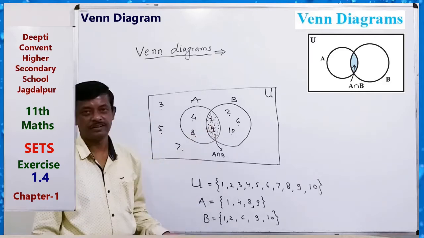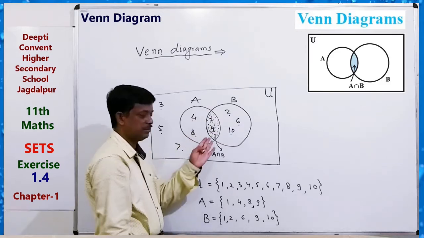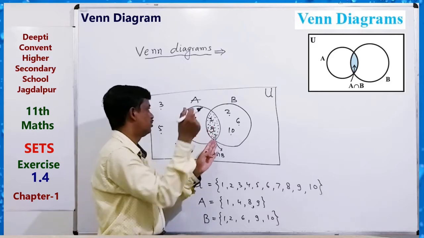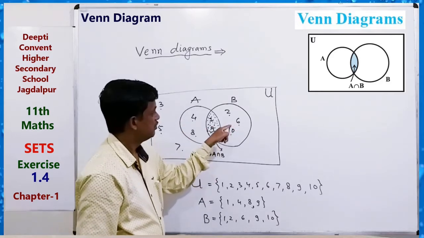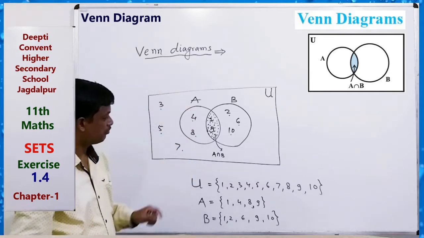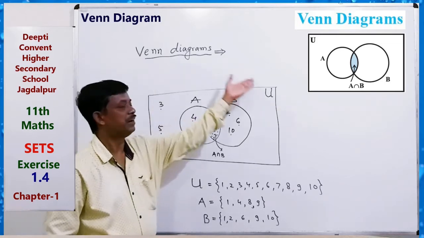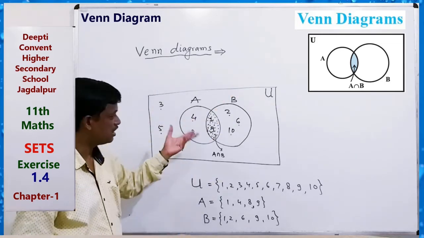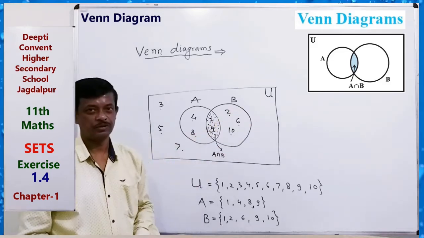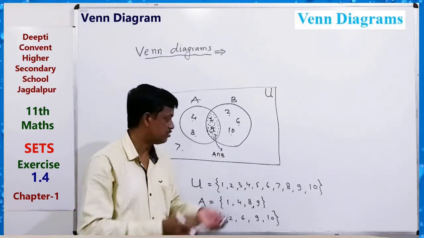So two sets are connected, and the intersecting part is this. 1, 9 belong to both A and also B. So this type of representation of sets is known as a Venn diagram, representing the relation between two sets with the universal set. This representation is very useful for understanding some concepts.